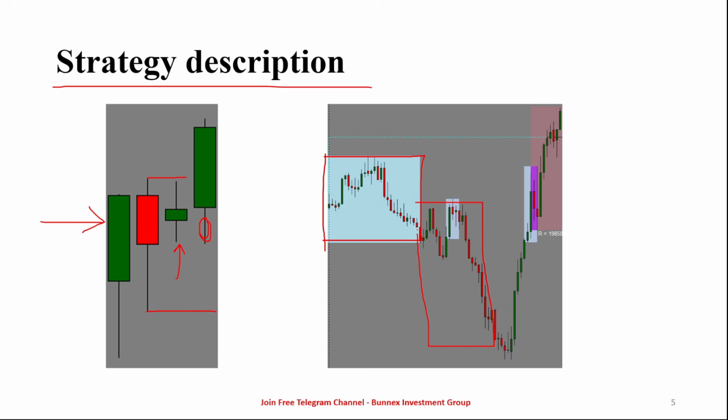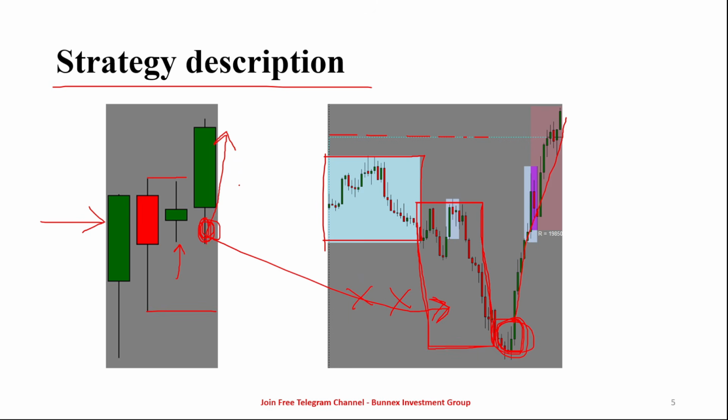If this structure has been established after the Asian session, at the bottom part of the Asian session, which is this particular zone, we know that the high, which is this particular point, is going to be broken. So this pullback to the downside is this particular structure, and this point is where we want to get into the market, and we can see this move going to the upside.